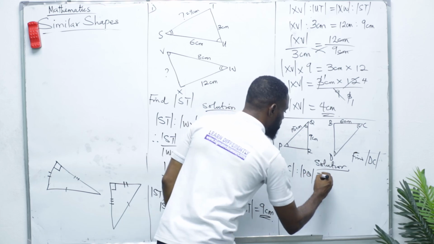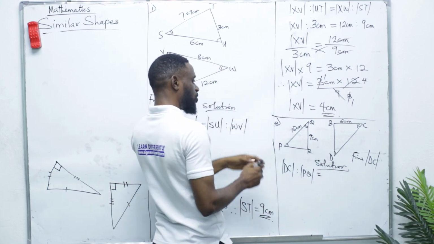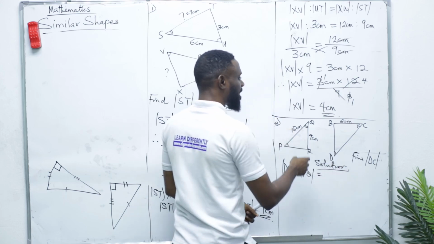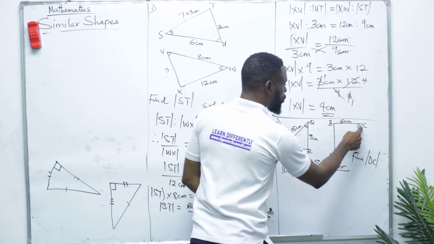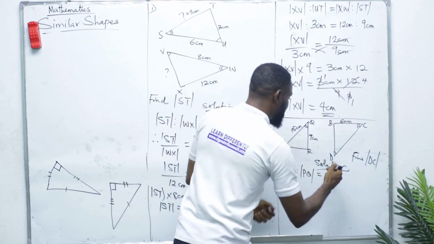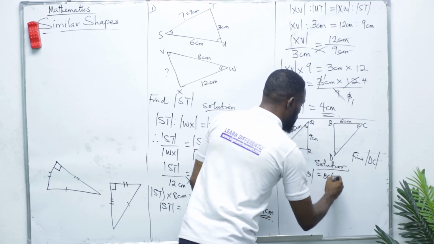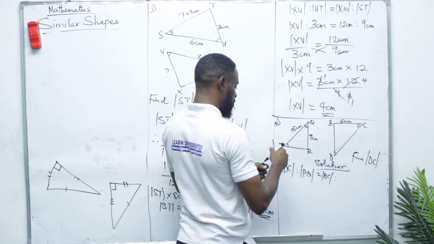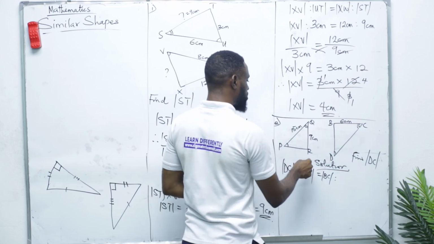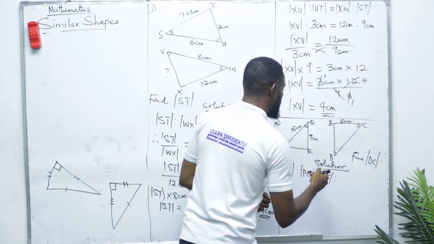Then we choose any particular side we know. Double knotting is 6 cm, that is BC, which is proportional to QR.